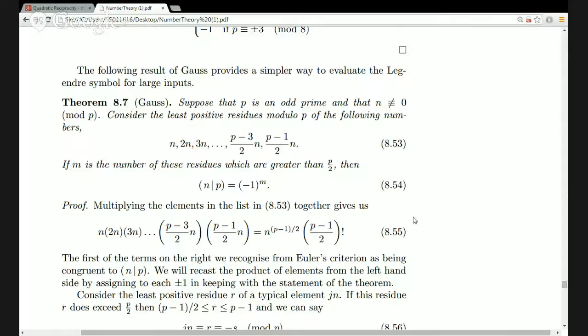So there's a line through the plane of gradient n over p. And looking at these multiples, j times n over p, from 1 to p minus 1 over 2, these are your j's along here, 1, 2, 3, and so on. So we're looking at points on this line, 1 times n over p, 2 times n over p, 3 times n over p, and so on.